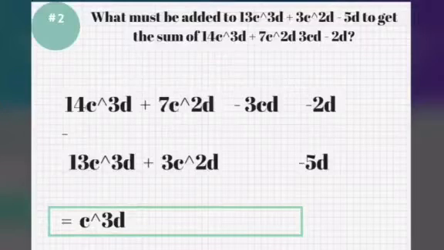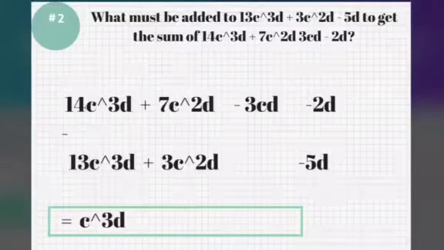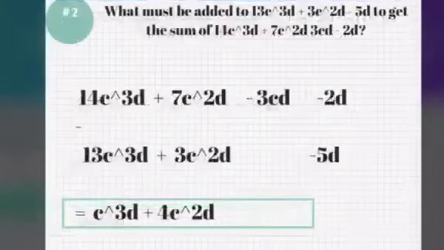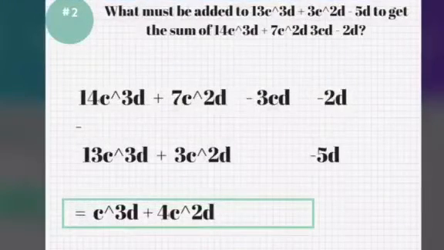Start with 14 minus 13, which is a difference of 1. So bring down c raised to 3d. Next, 7 minus 3 equals 4. Then bring down c raised to 2d.